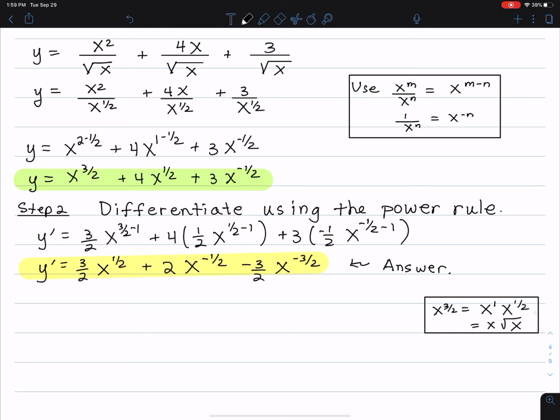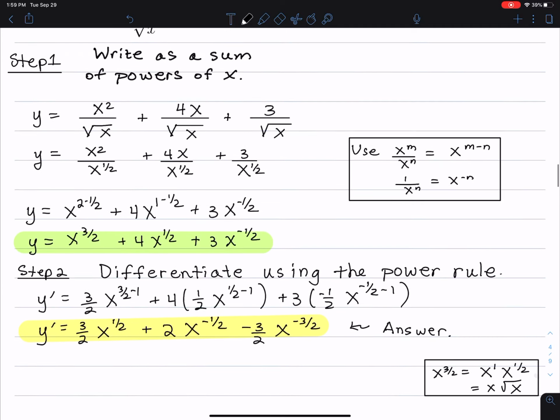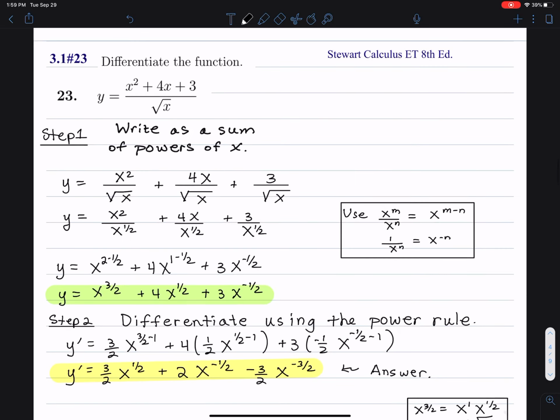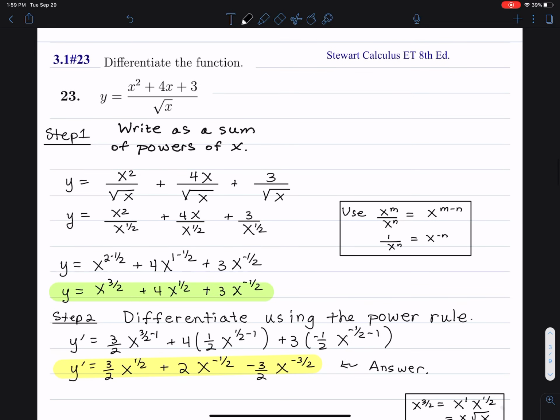But the author, James Stewart, I think will write it differently. I believe if we look in the back of the book, the author is going to write x to the 1/2 as the square root of x. I don't think you necessarily need to, but we definitely should know how to do that.